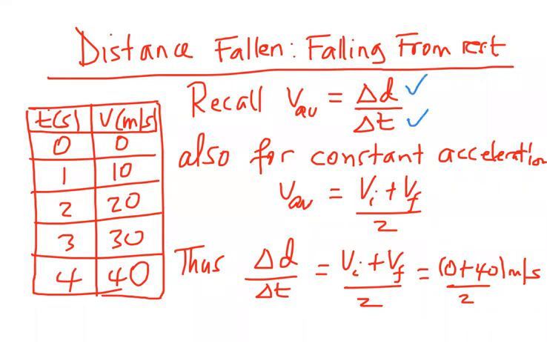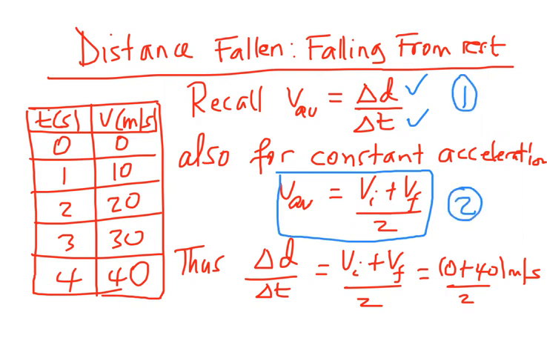But we also just learned from the previous slide that for constant acceleration, we can also find the average velocity using this formula. So it seems like we have 2 ways of finding the average velocity: method number 1, method number 2. So we can say that this expression is equal to this expression because they are equivalent. There are different ways of finding average velocity for this situation.